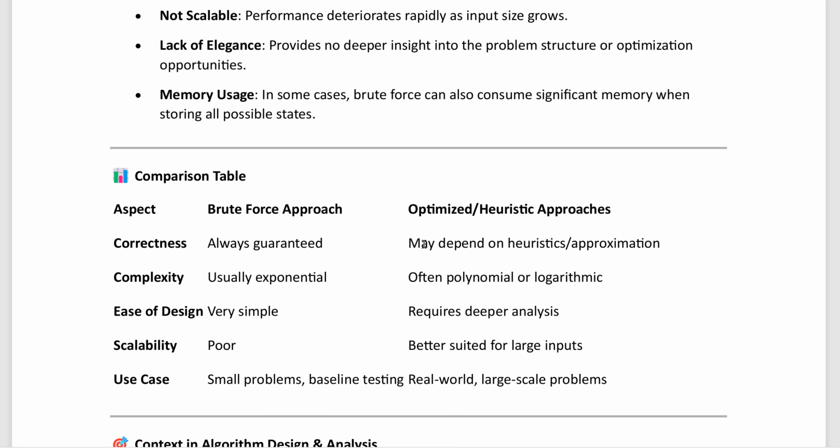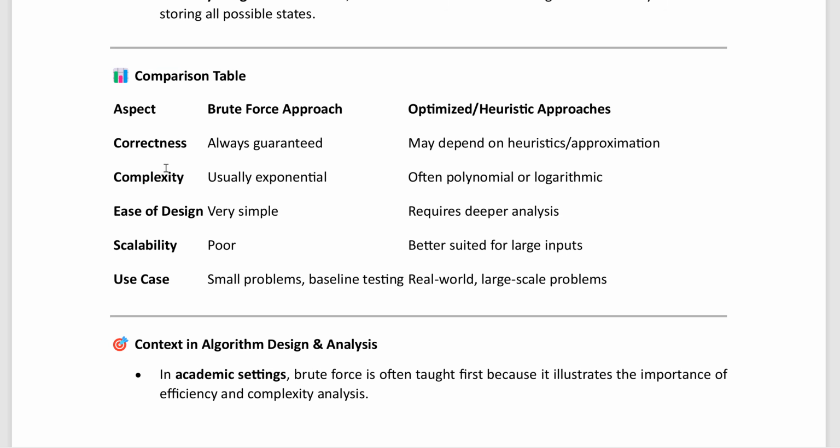You can compare the brute force approach with optimized or heuristic approaches. On the basis, first aspect is correctness. Brute force approach is always guaranteed to be correct. Optimized or heuristic approaches may depend on heuristics or approximation. As far as complexity is concerned, brute force approach is usually exponential, whereas heuristic or optimized approaches are polynomial or logarithmic in nature.